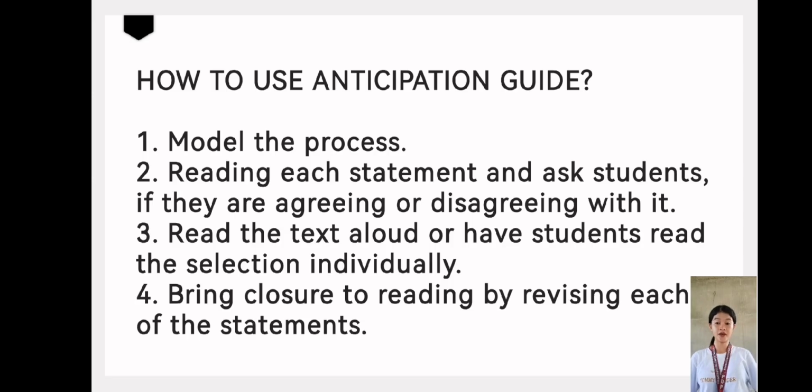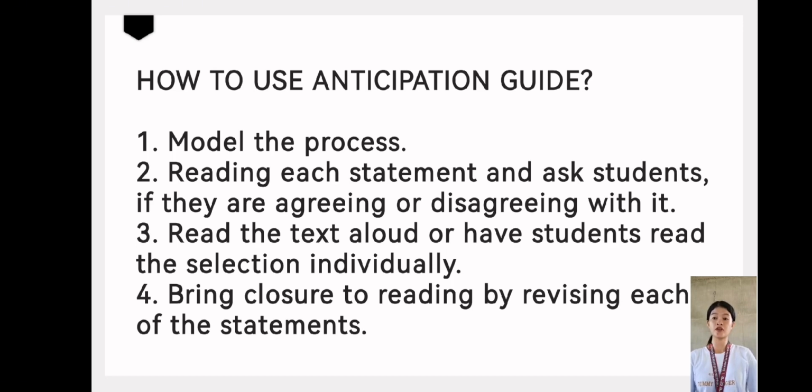My name is Tricia May Orejenes, and now I'm going to discuss how to use the anticipation guide, when to use it, and the benefits of it. In how to use the anticipation guide, we have four steps. The first step is to model the process. As a teacher, you need to explain to your students the step-by-step process on how to use the anticipation guide.